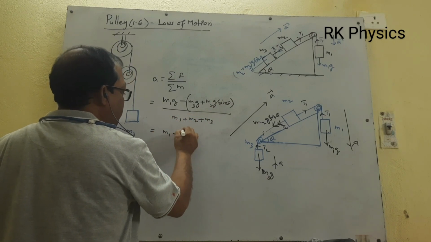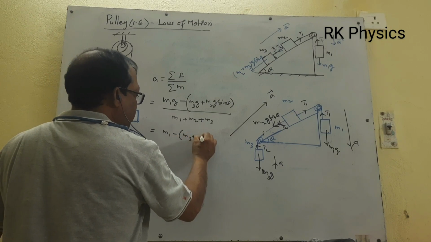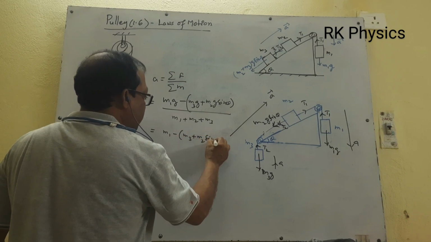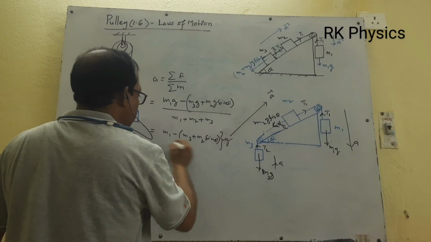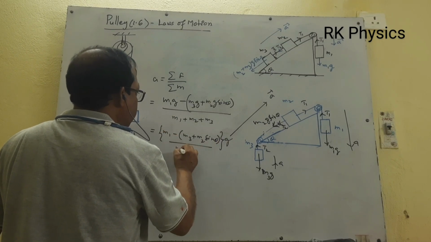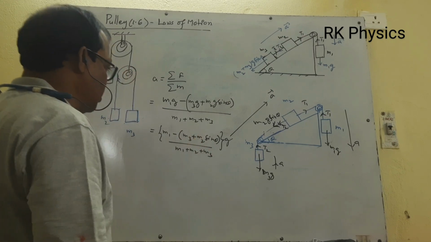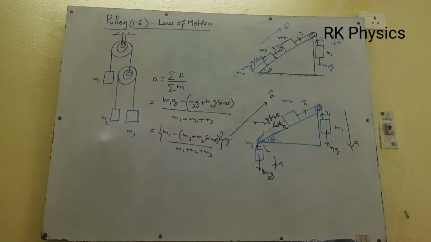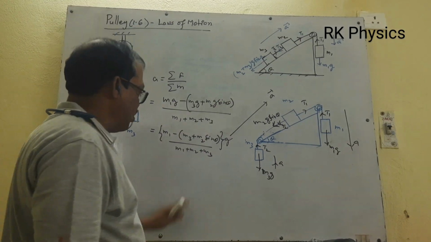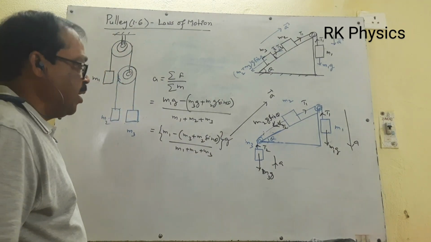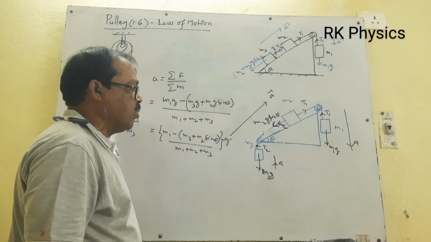Or this is (M1 minus (M3 plus M2 sin theta)) times g divided by M1 plus M2 plus M3. This is the total force divided by the total mass of the system. You will get the acceleration. Then calculate T1 and T2 directly.